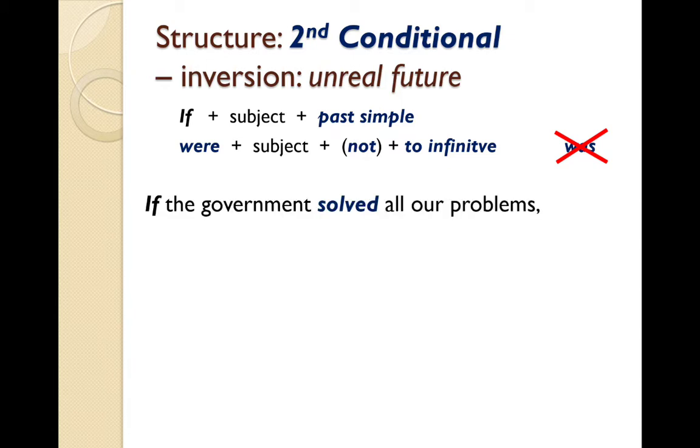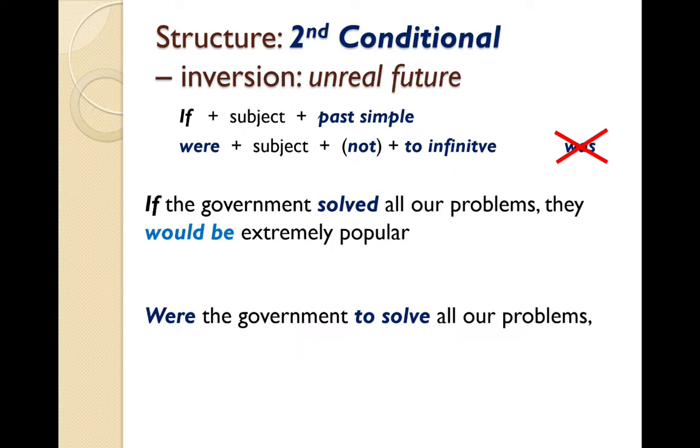If the government solved all our problems, they would be extremely popular. So there's a normal second conditional phrase here. Now let's invert it. Were the government to solve all our problems, they would be extremely popular.